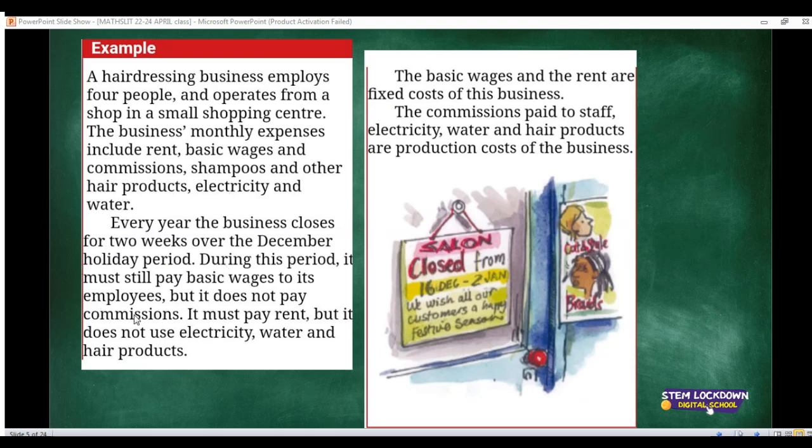But the wages they are definitely getting. The business still has to pay rent, although it is not using any electricity, water, and hair products, but it is renting that building, so it needs to pay for the building or the space they are occupying. So meaning here rent is a fixed cost, but the electricity, water, and the hair products are production costs, so they won't have to pay for those. So this is what is explained here.